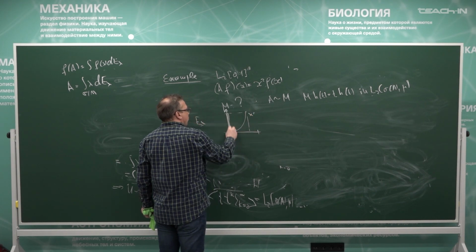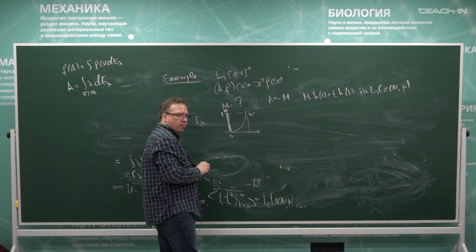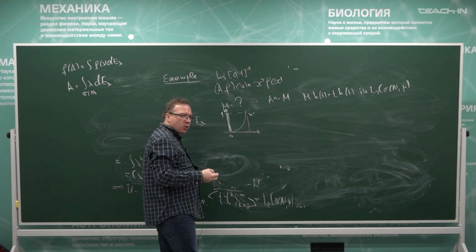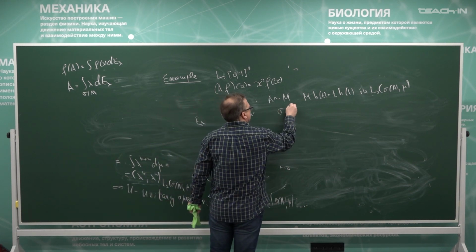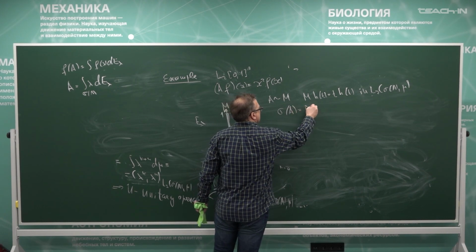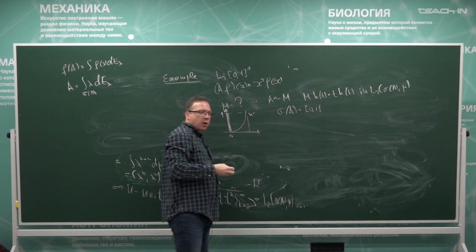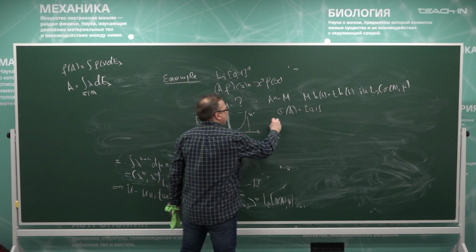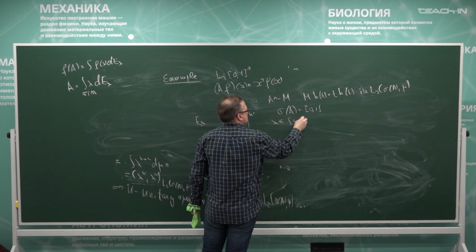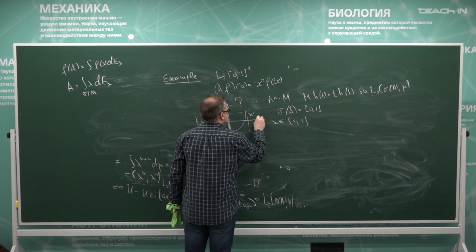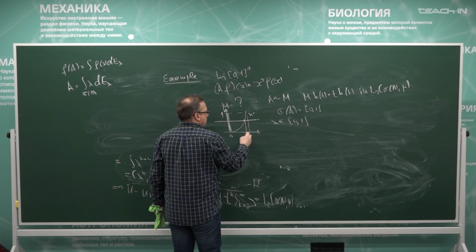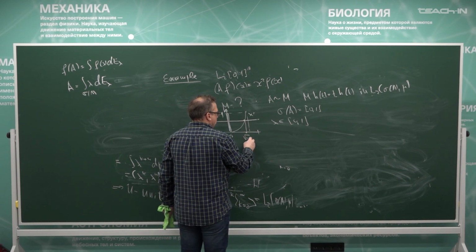We know that the spectrum of the operator is [0, 1]. It is the values of this function. So the spectrum of operator A is [0, 1], and it is continuous spectrum. So take lambda from [0, 1], and this is the square root of lambda.